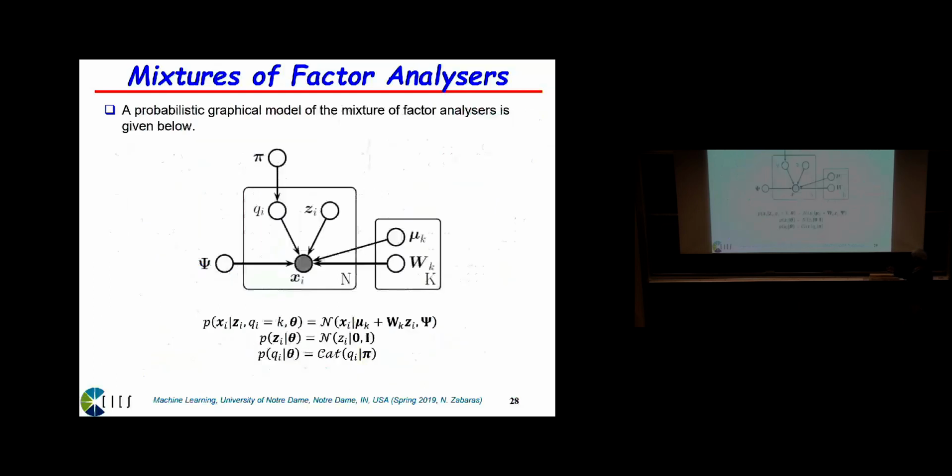And unless you have taken a course on graphical models, you may not appreciate this graph, but conceptually, the whole model looks the way that you see here. To define x, you have to condition it on the type of model q that is used and the latent variables z. And each model has its own parameters, psi, mu k, and W k.